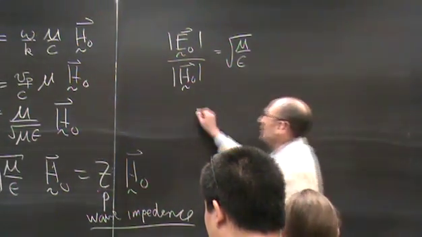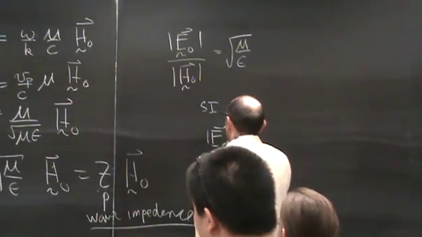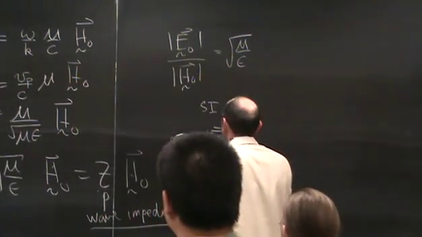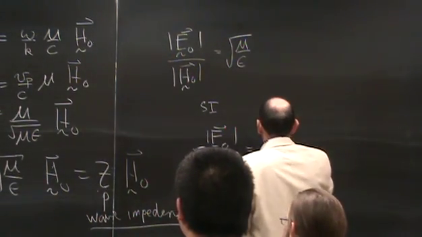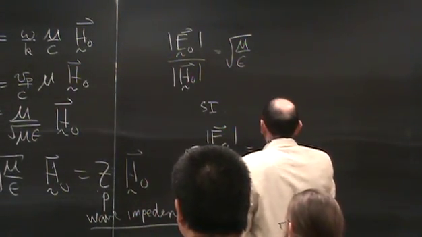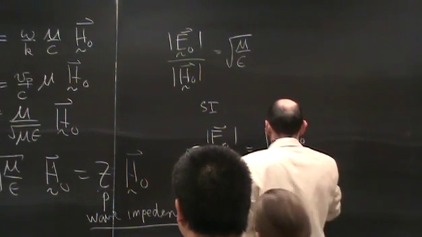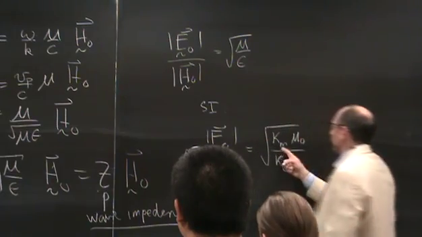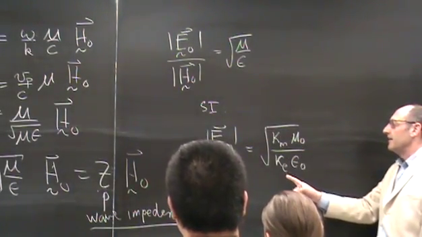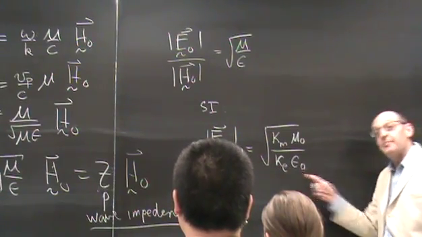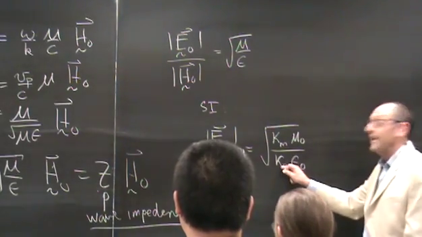Now, in SI units, the magnitude of E naught over H naught is equal to the square root of kappa magnetic mu naught over kappa electric epsilon naught, where mu is kappa times mu naught, and epsilon is kappa times epsilon naught, right? Remember that from your undergraduate studies. We call these things dielectric constants.